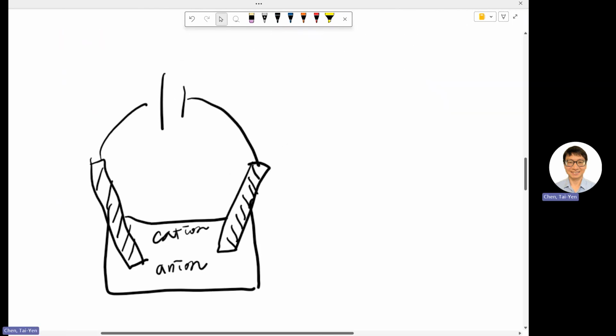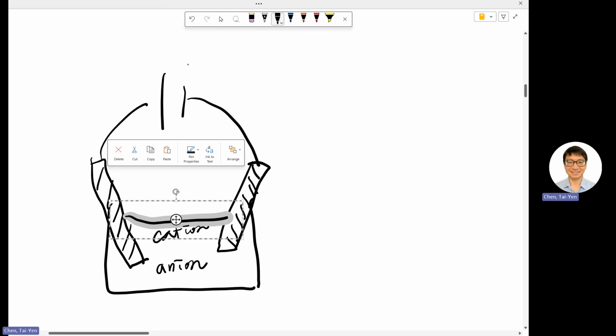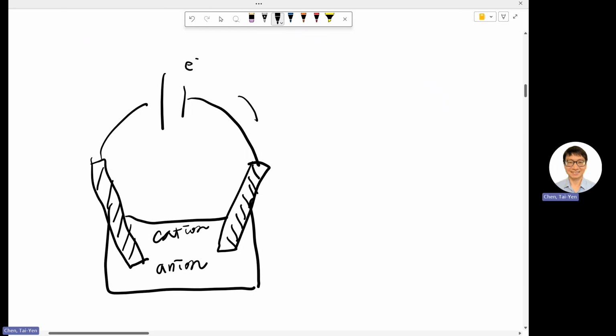In this case, the electrons will come out from your battery and go through your cathode, where the cathode is going to attract the cations, which go to the electrode and get reduced. Remember we always mention LEO GER, right? It still holds in this type of cell. So the thing that happens on your cathode is gaining electrons, undergoing a reduction reaction, and it by itself can serve as an oxidant.